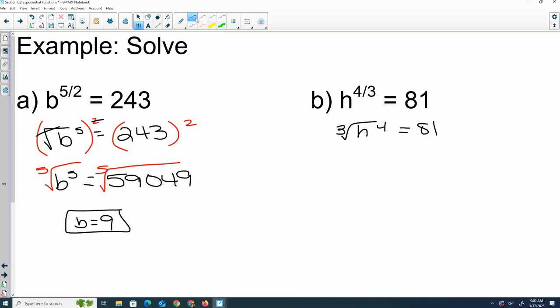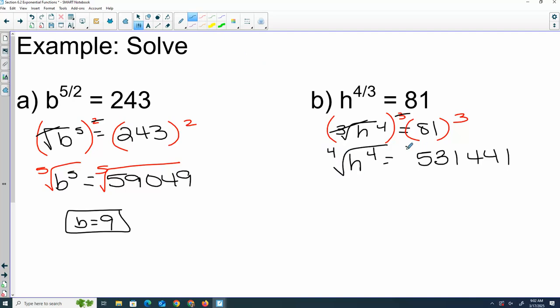Cube. All right, opposite of a cube root is cube. 81 to the 3rd power? How do you get rid of a 4th power?